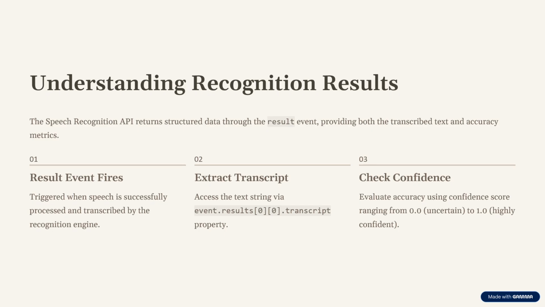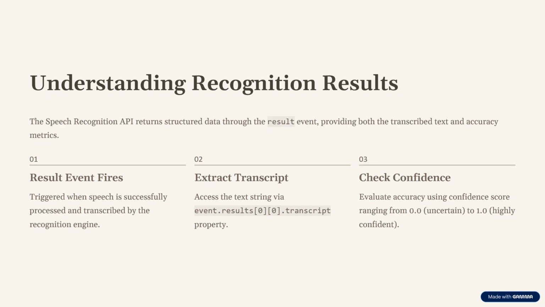Then there is one more fundamental and interesting part, that is the confidence analysis. When you speak on the microphone, it evaluates your accuracy on a range from 0.0 to 1.0, that is, uncertain to highly confident, and the result also comes on the basis of this. Sometimes if your confidence is around 0.0, then the audio is unclear in many cases.